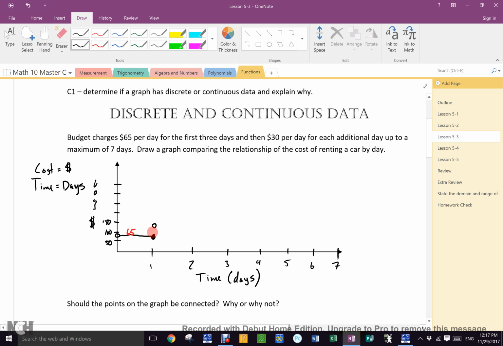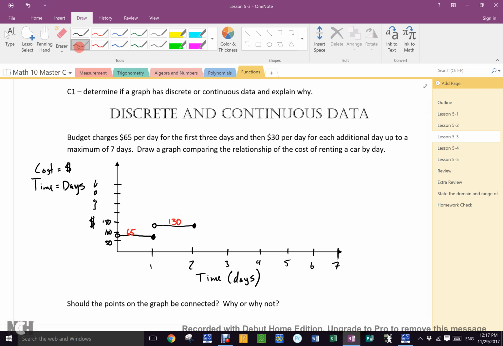Open, because once I hit more than 1 day, I'm paying. How long does that line go? Another day out to 2. What kind of dot there? Solid. And how much did I pay? I paid 65 already. 130. Everybody cool?